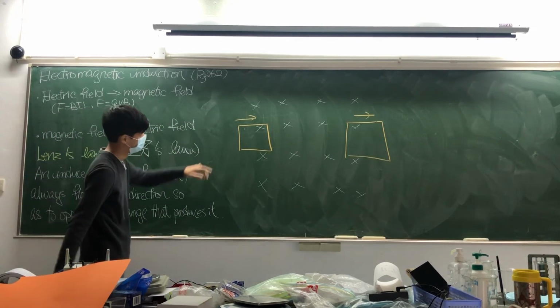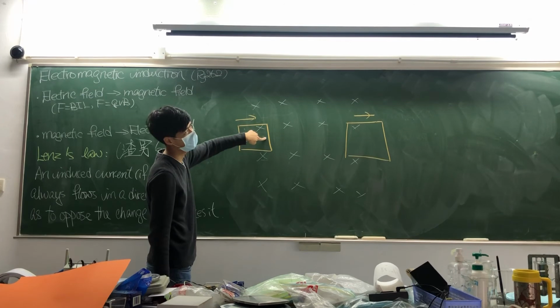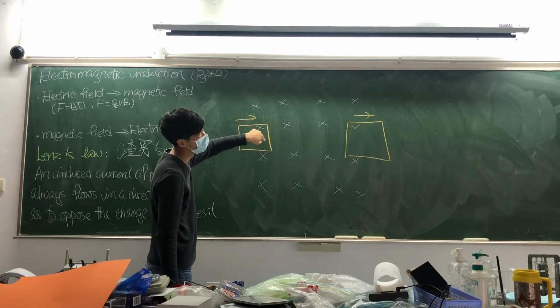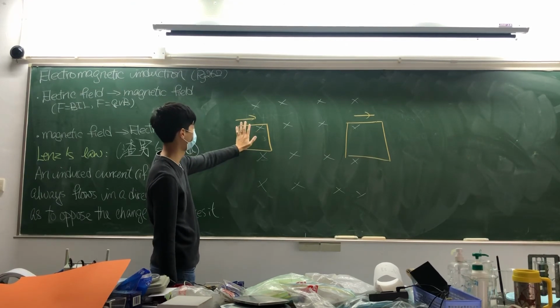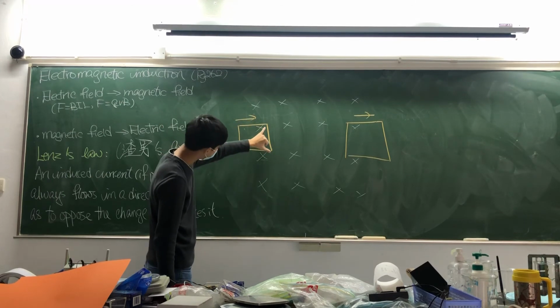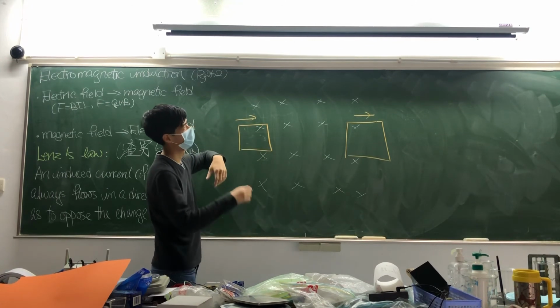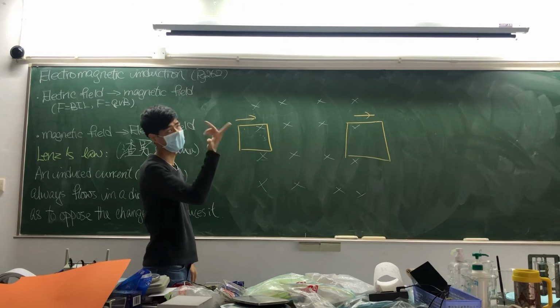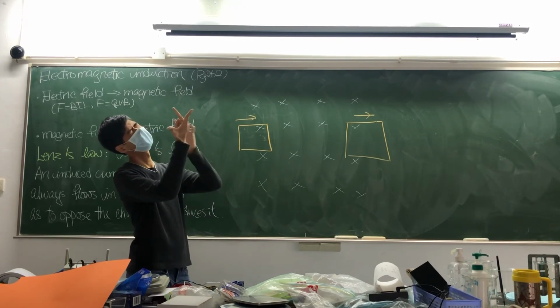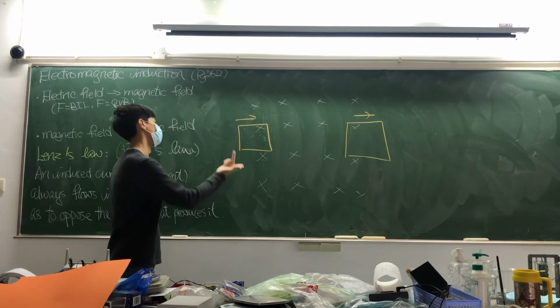Now this rod is submerged in the magnetic field, but not this one. So only this end is applicable for Fleming's right-hand rule.